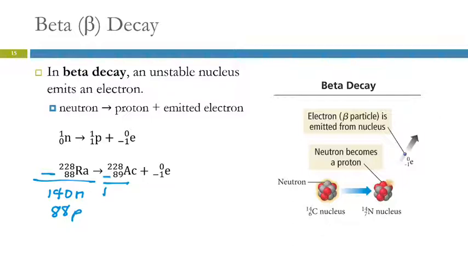Over here, we're going to have 139 neutrons and 89 protons. So a neutron has turned into a proton. Of course, a neutron and a proton are not identical, and so when that happens, an electron is formed. It's very strange. But didn't the neutron just turn into the... Oh, wait, turned into the proton. Mm-hmm. Never mind, I was reading that wrong. Yeah, it's very weird.